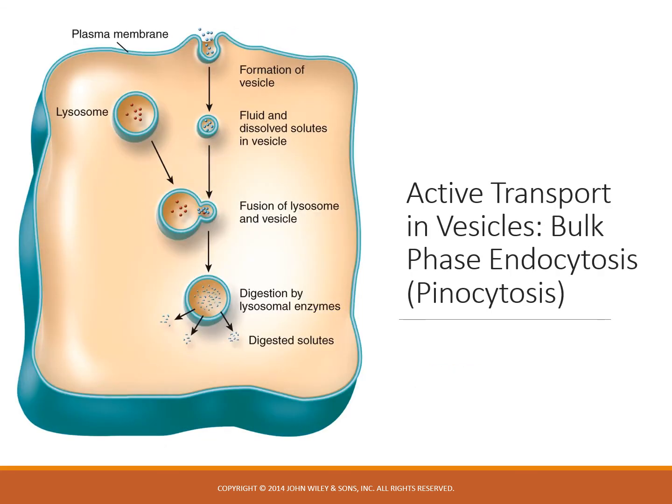So in pinocytosis, also called bulk phase endocytosis, tiny droplets of extracellular fluid are taken up by the cell. Because it's when liquid is taken up by the cell, it's also a form of drinking by the cell. So no receptor proteins are involved in this process, and all the solutes that are dissolved in the extracellular fluid are brought into the cell.